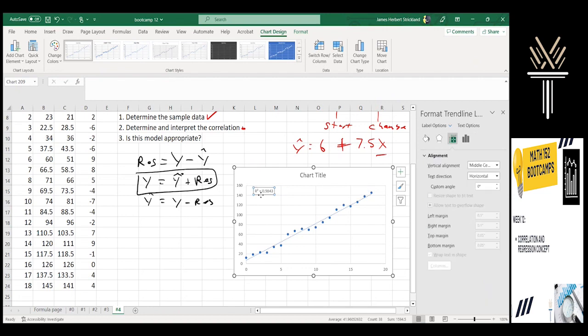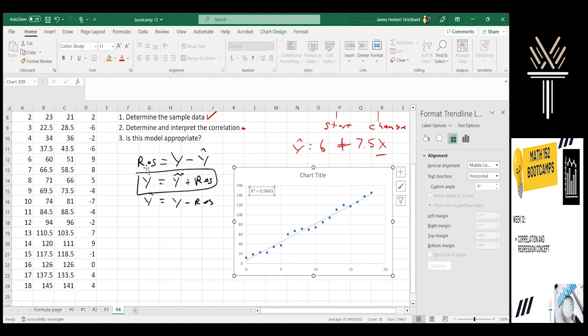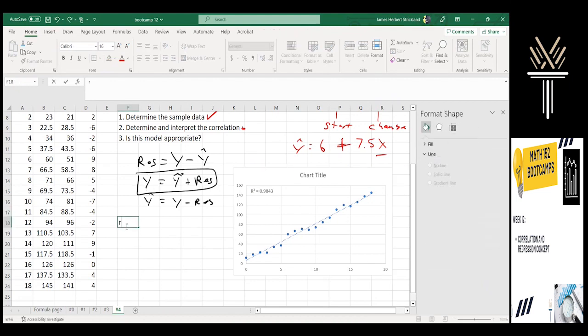So what if I want to work backwards? Well, if R squared is that number, how could I find R? Well, R squared is 0.9843. And so R is just the square root, right? That's how you get rid of the square on R. Otherwise, we still have that formula.